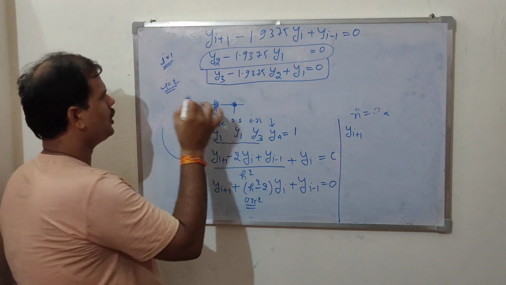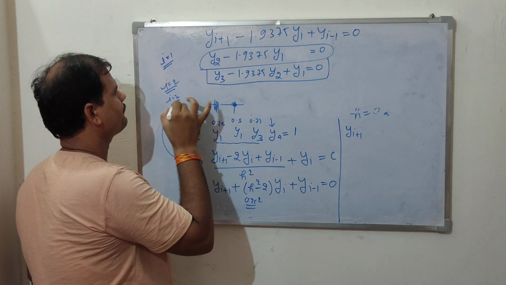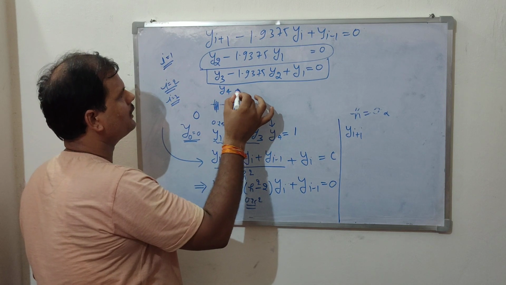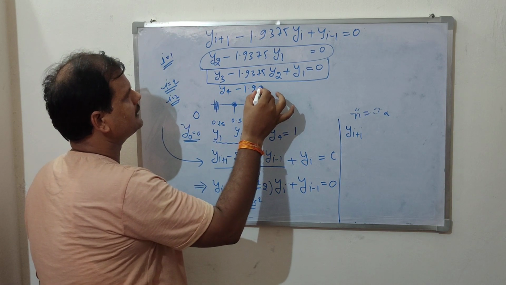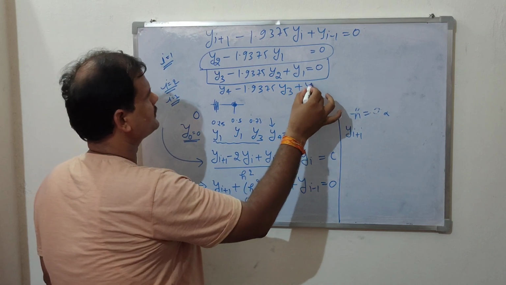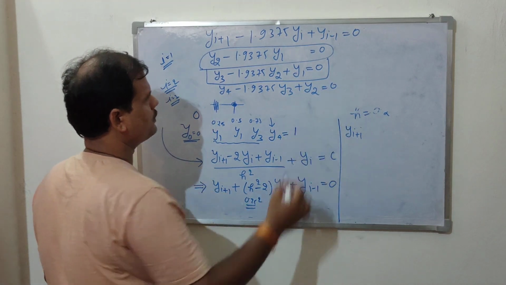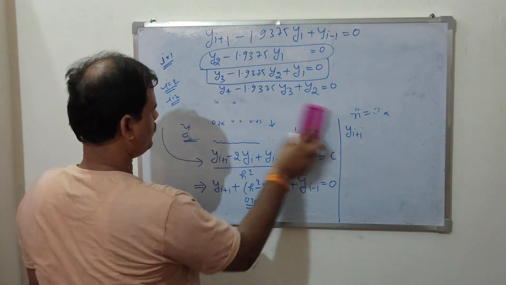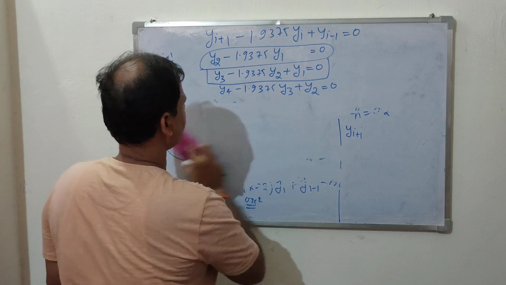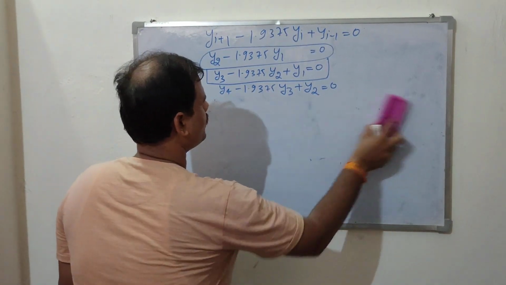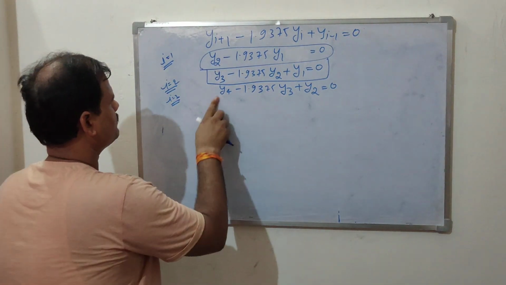Now for the third node, I equal to 3, we get y4 minus 1.9375 y3 plus y2 equal to 0. Now y4 is given as 1, so this will be 1 here.